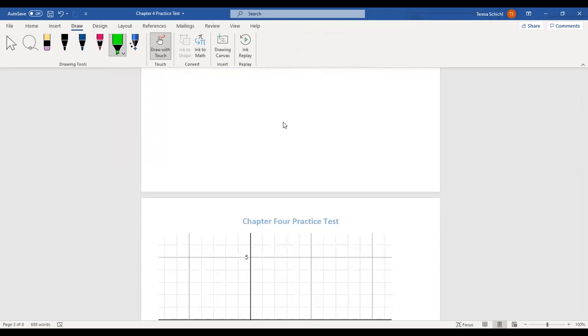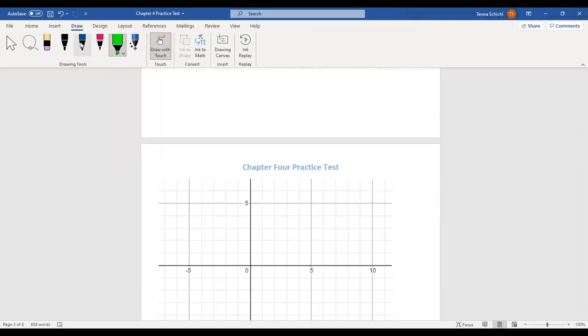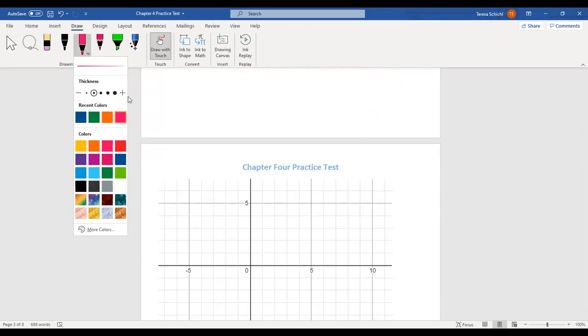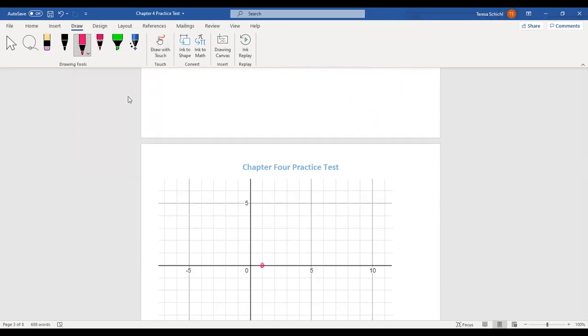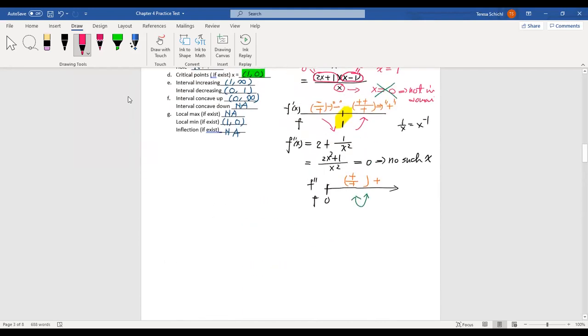Here is 1, 0, which is my critical point. Remember we said let's combine these two graphs together. So from 0 to 1 it is decreasing, then increasing.